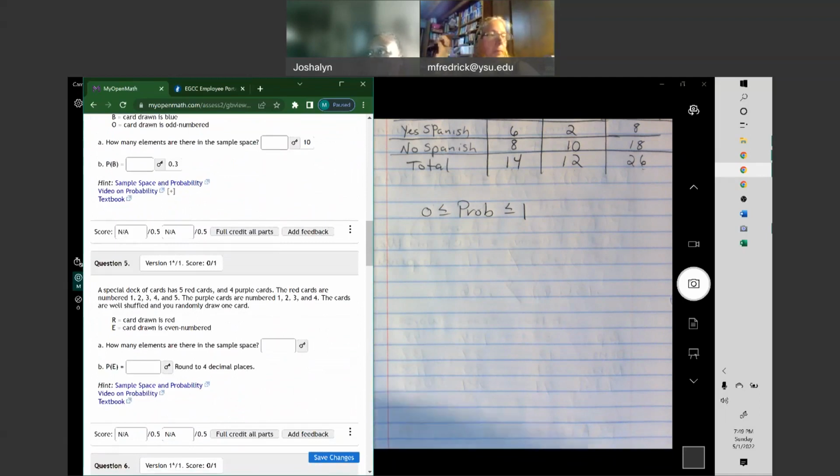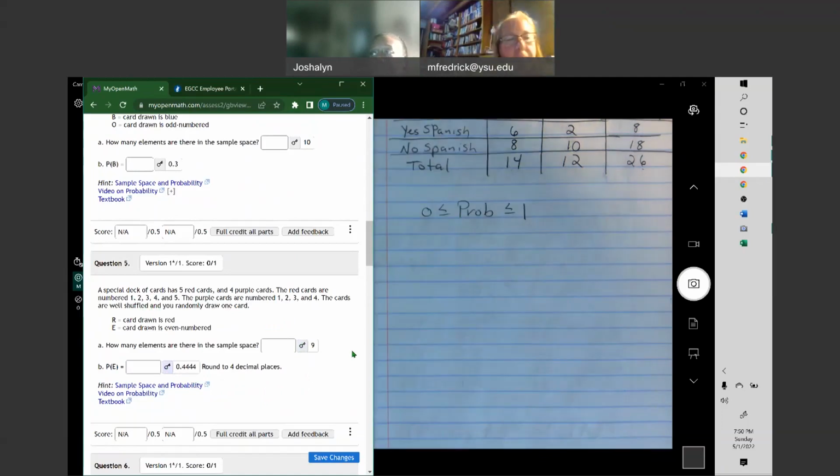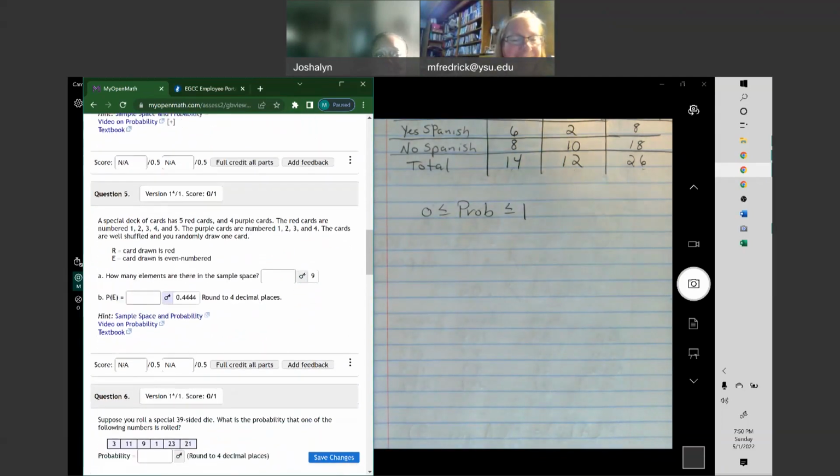Okay, so 9 is the sample space. And then card type, number. So 4 out of 9. Yep. All right. You made that seem so easy. Thank you.